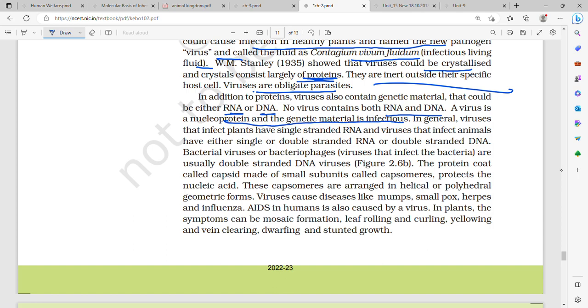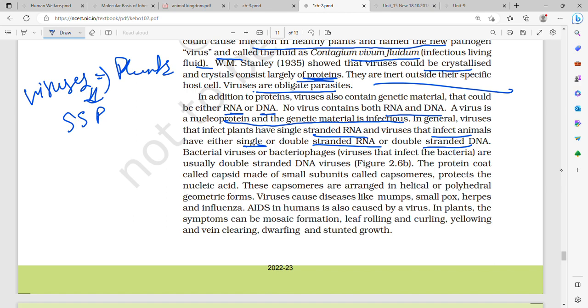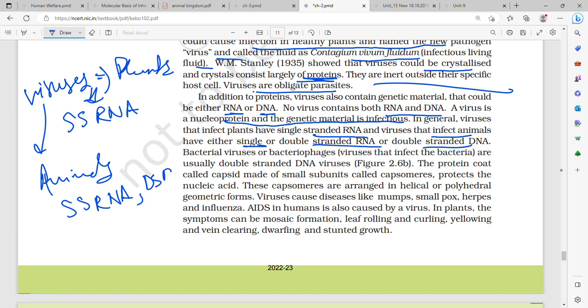Viruses that infect plants have single-stranded RNA, and viruses that infect animals have either single or double-stranded RNA or double-stranded DNA.